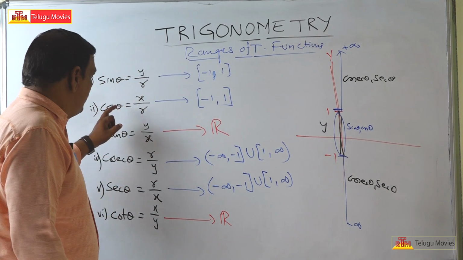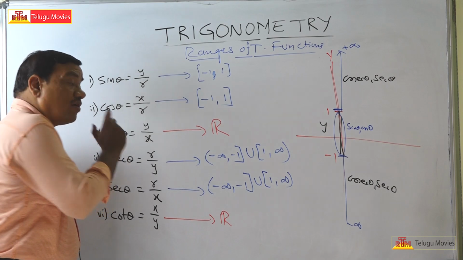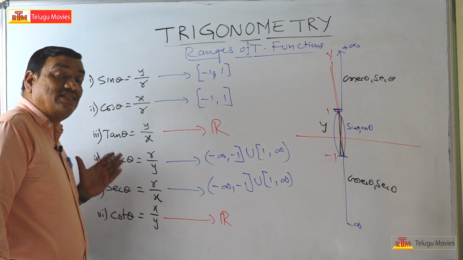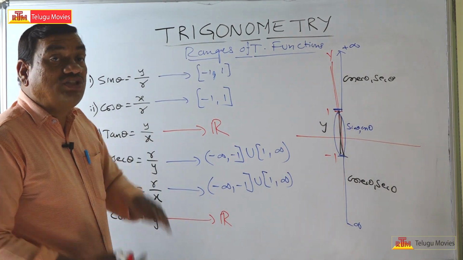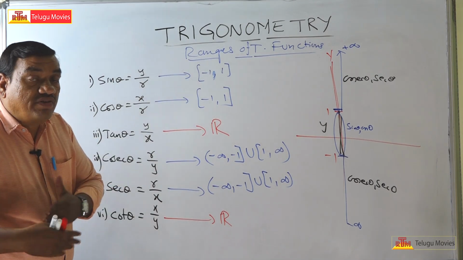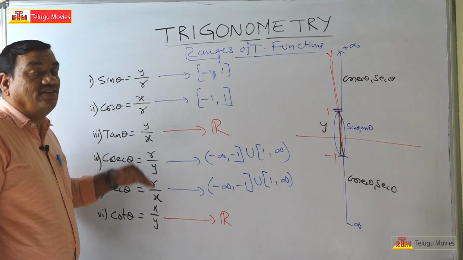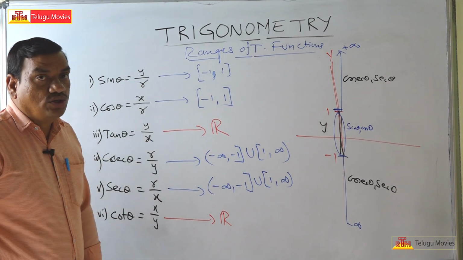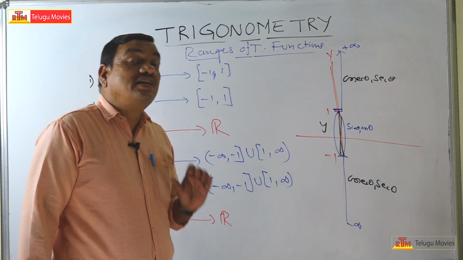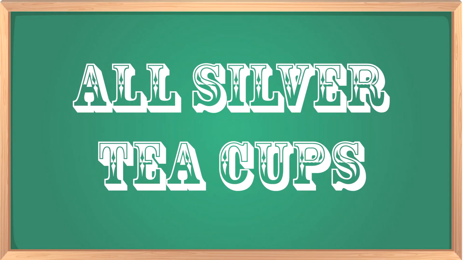We are going to discuss that. Similarly, tan theta is said to be the set of real numbers, but for which intervals of theta is tan theta positive and negative? Is it from 0 to 90, 90 to 180, 180 to 270, or 270 to 360? Similarly, we are going to see the remaining ones also. That is a very important thing, which I am going to explain now.